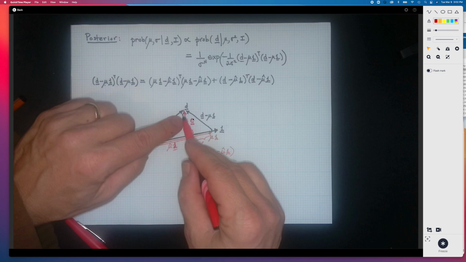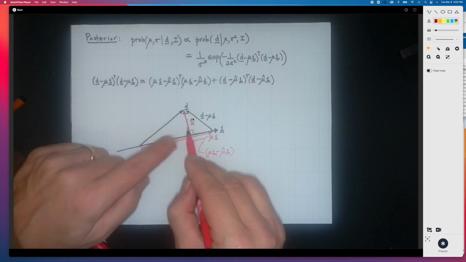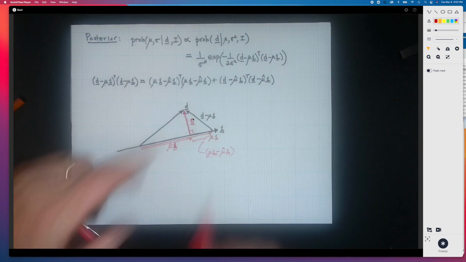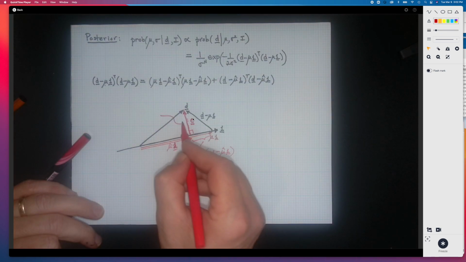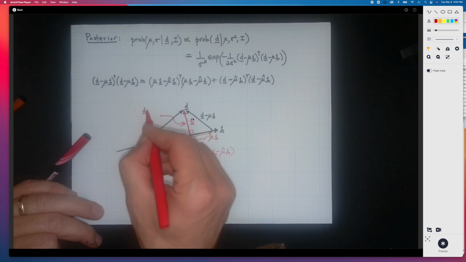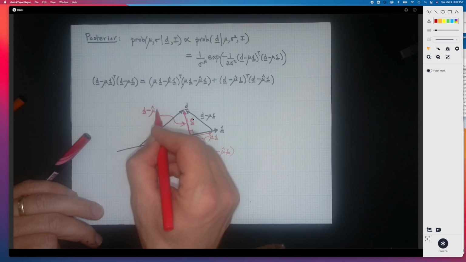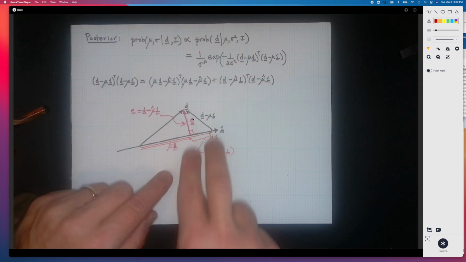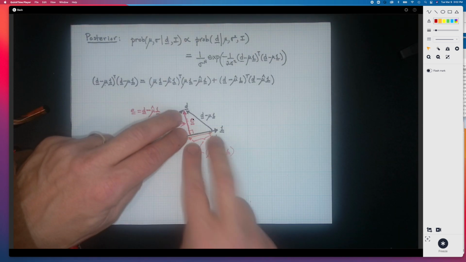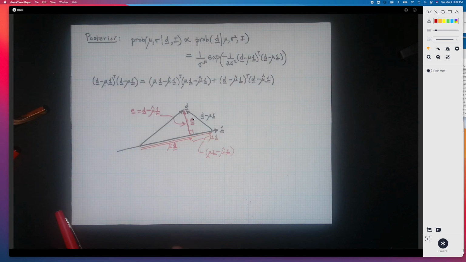And this one, E, is d minus mu hat times 1. This squared plus this squared is equal to this quantity squared. All right, I hope that's clear.